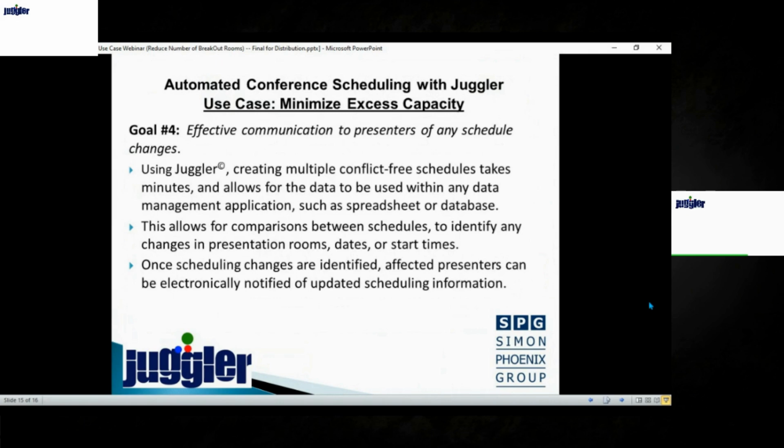Those tools, as good as they are, though, typically only look at one constraining factor, and that is the obvious constraint to make sure that a single author is not scheduled, or a single presenter is not scheduled to give more than one presentation at a given time.